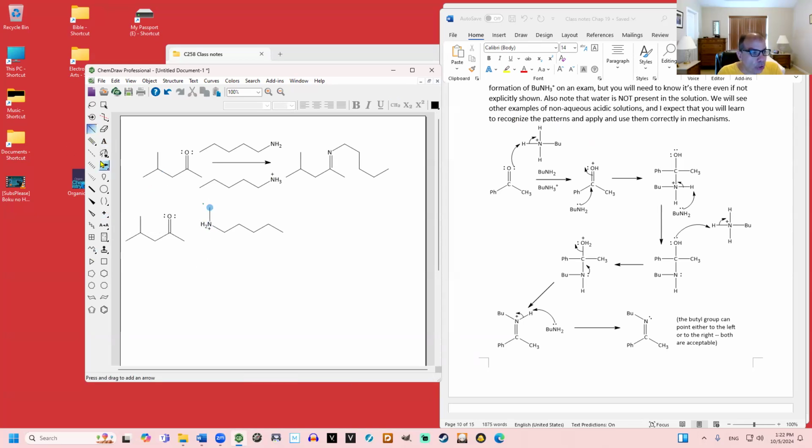So we need to show one of the nitrogen-hydrogen bonds in our conjugate acid. We start the arrow, we start the electron flow at one of the lone pairs on oxygen, and we break one of the nitrogen-hydrogen bonds and push the electrons back onto nitrogen.